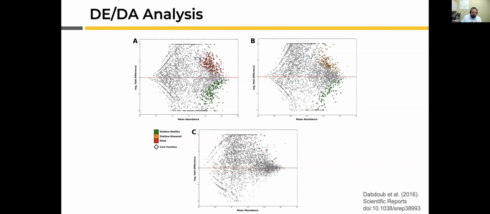The log fold changes that are positive are upregulated in the control group, and those that have a negative log fold difference are downregulated or less abundant as compared to the control group. And here we just have the ones that were significant bolded, and those with the colored diamonds around them were also genes that were in the core microbiome. So they were present in at least 80% of the samples in that group.